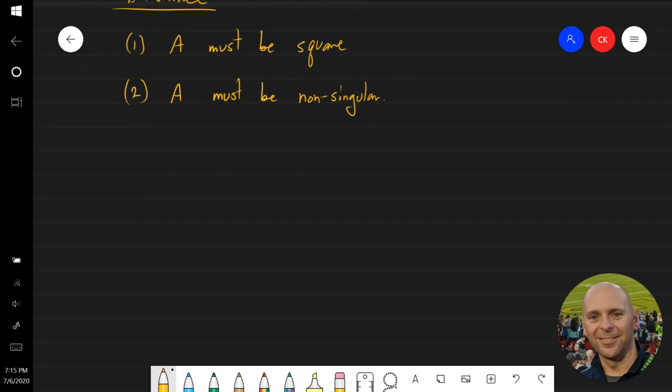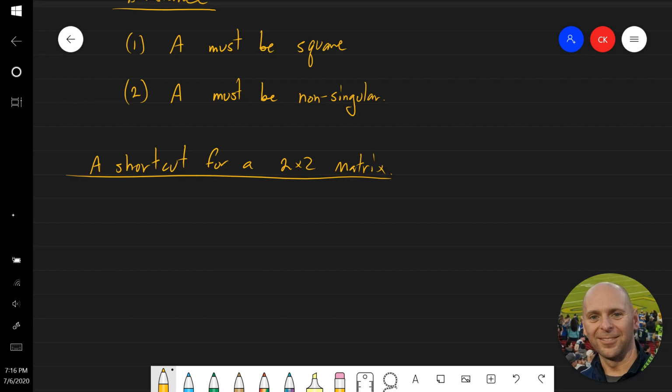There's one other thing that I'll point out, and that is that there's a bit of a shortcut for a 2 by 2, and this can be handy to know. So here it is.